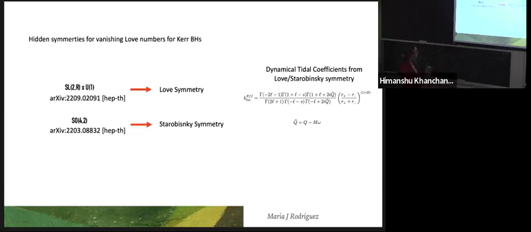In Sergey and Misha's paper, they call this the Love symmetry, a hidden symmetry of the equation, SL(2,R) times U1. Another proposal is by Lam Hui and collaborators in Austin and Luca, where they impose an SO(4,2) symmetry.